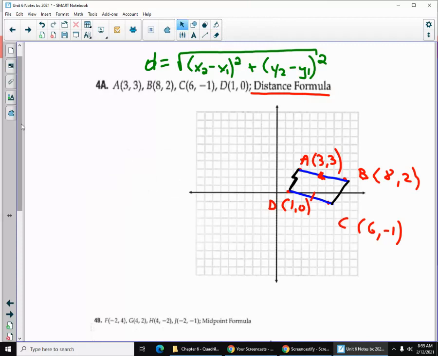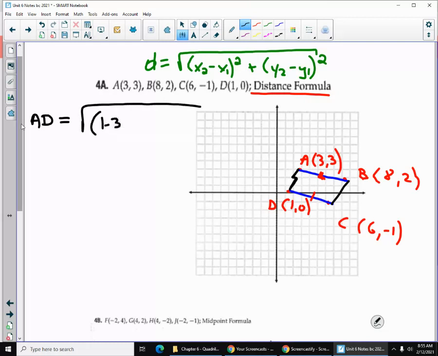So let's talk about segment AD. For AD, you will do (1 minus 3) squared plus (0 minus 3) squared.